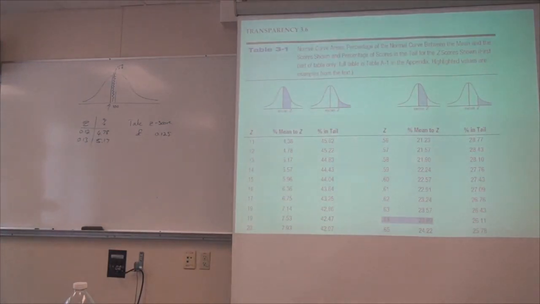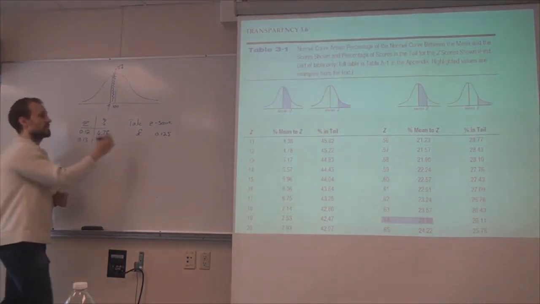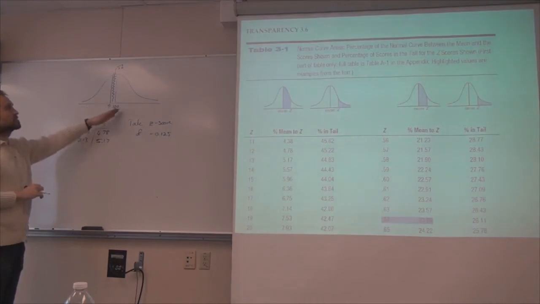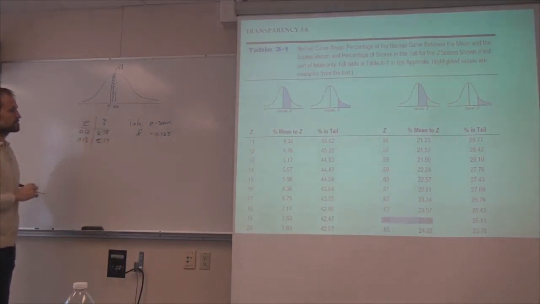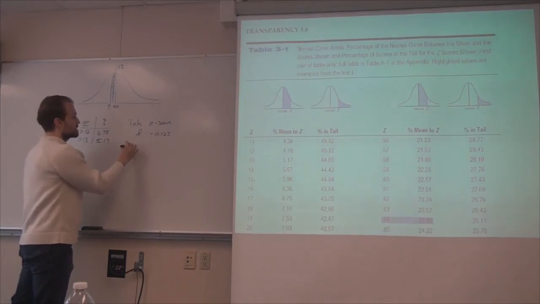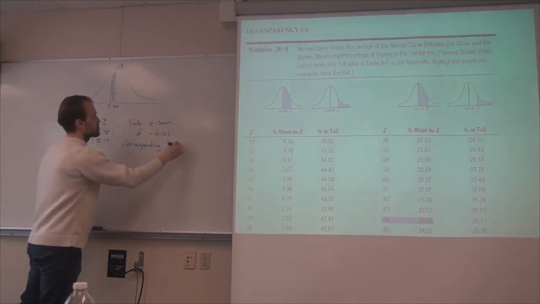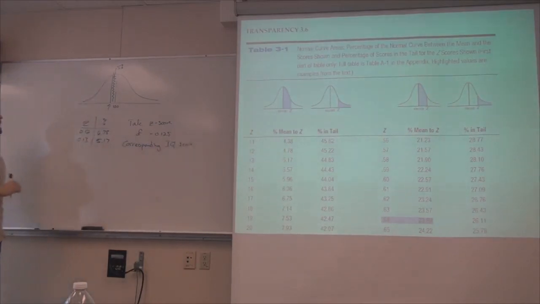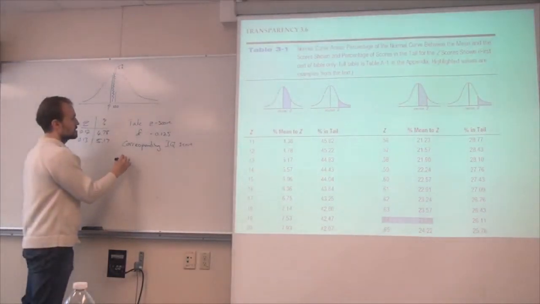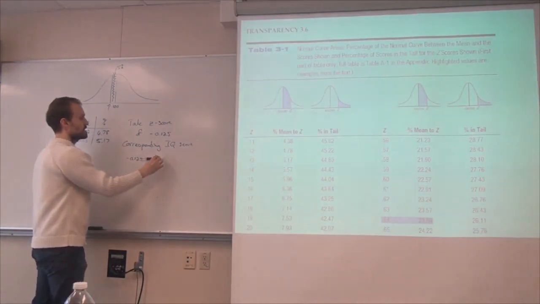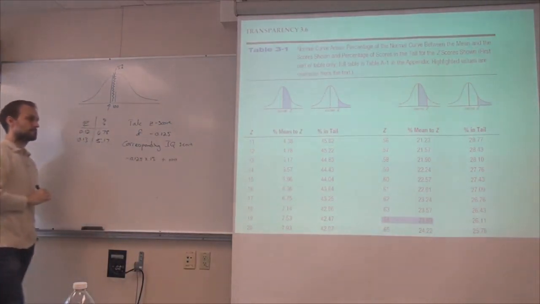Is it positive or negative? Negative is to the left, so I simply put the negative in. The table is not going to show that, but if I visualize it, it's going to be to the left of the mean, so negative. So then, the corresponding IQ score that has 55% of the population above it will be negative 0.125 times the standard deviation of 15 plus the mean.